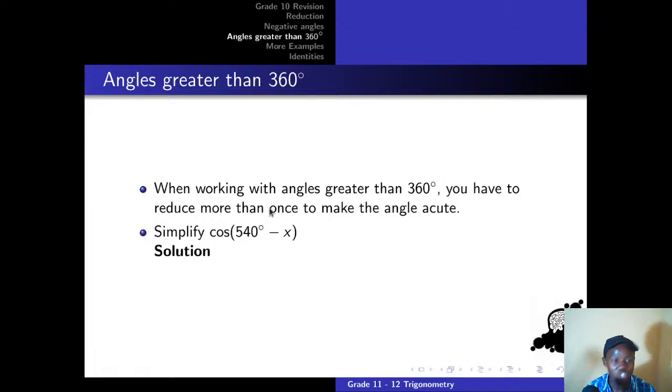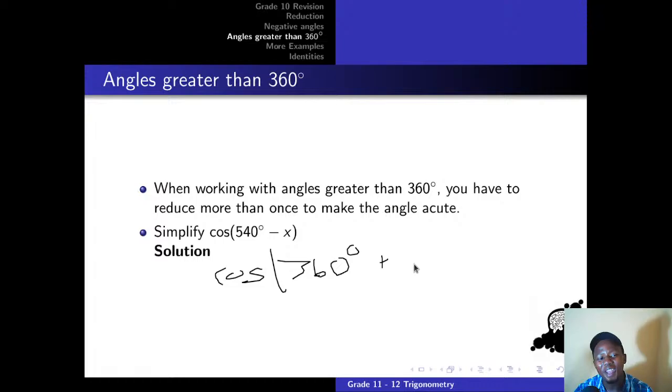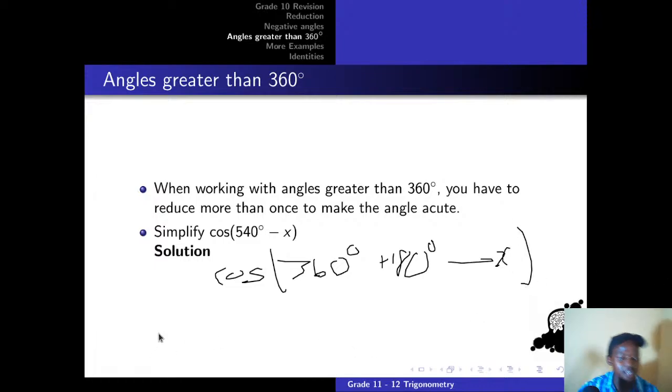When working with this, we will have cos of 360 degrees plus. Now let's think for a moment. Which angle, when added to 360 degrees, gives us 540? That would be 180 degrees minus x. Please do forgive my terrible handwriting.